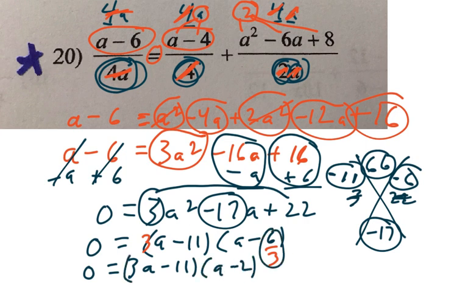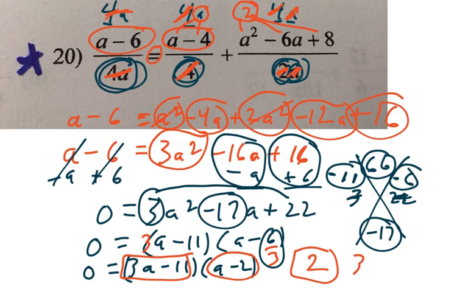Don't forget to do 6 divided by 3. So, what are our solutions? Well, here, that should be easy. 2 minus 2 is 0. Here, though, we know that 3a has to equal 11. Since 11 minus 11 is 0, that means a must be 11/3.